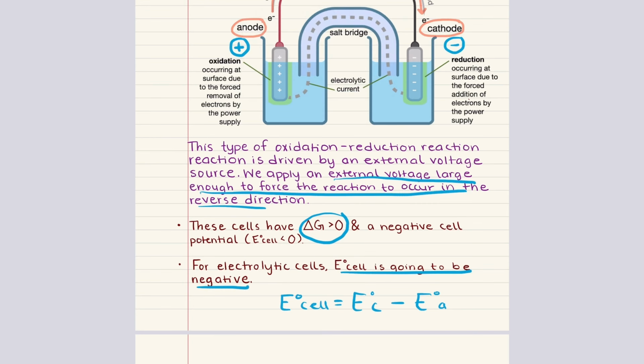Here, you expect the half reaction with the more positive standard reduction potential to be the anode and the more negative standard reduction potential to be the cathode. You again expect to calculate a negative E cell for an electrolytic cell.